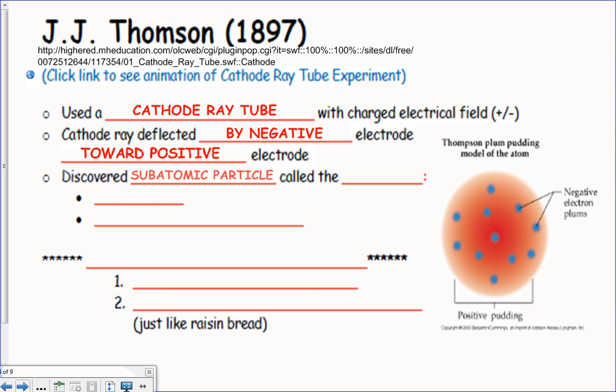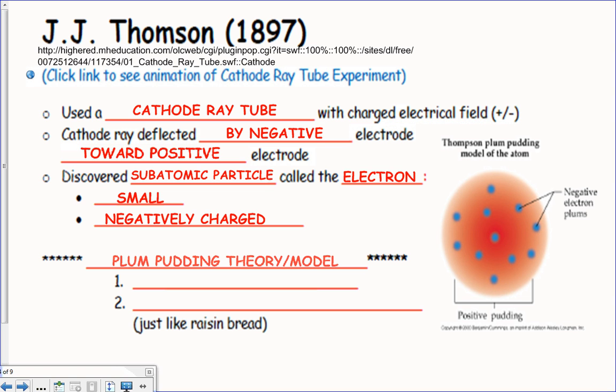Why would that happen? There must be subatomic particles called an electron. And if something goes towards a positive, and away from a negative, it must have a charge. It's really small and has a negative charge. Discovered the electron.